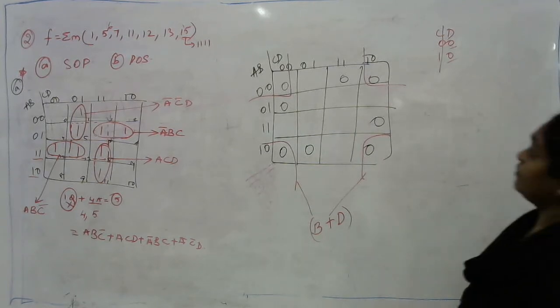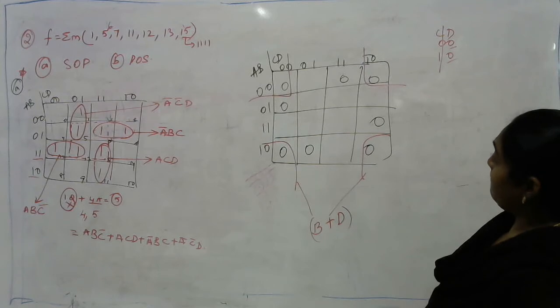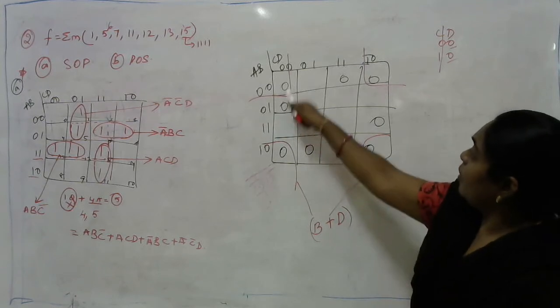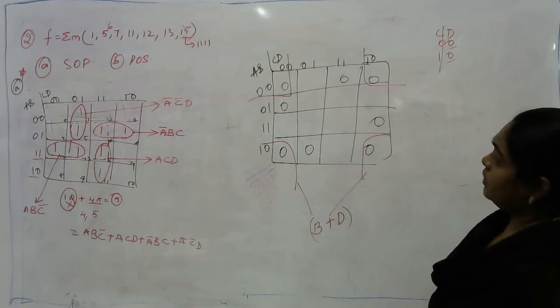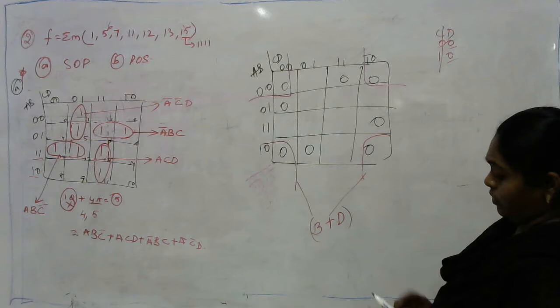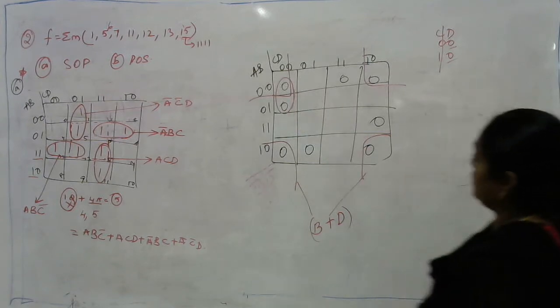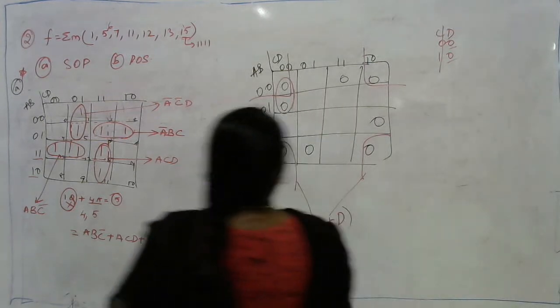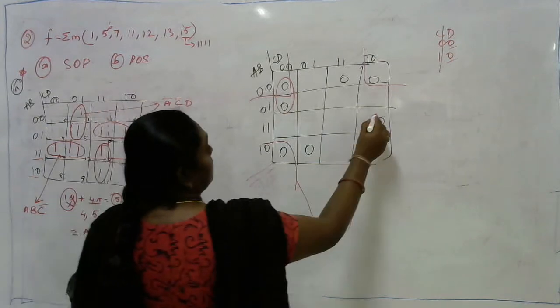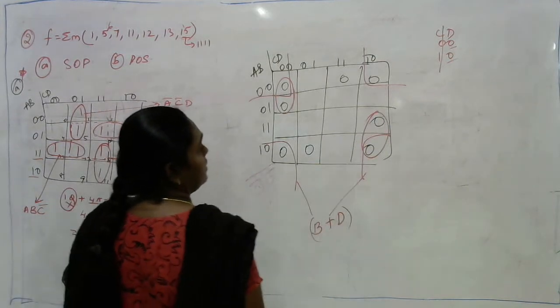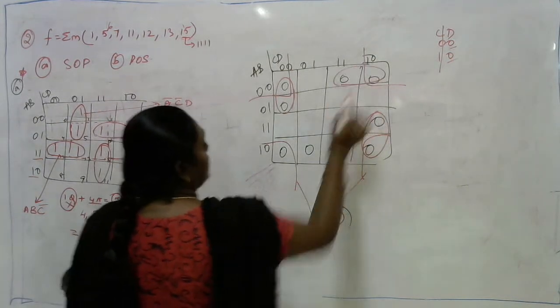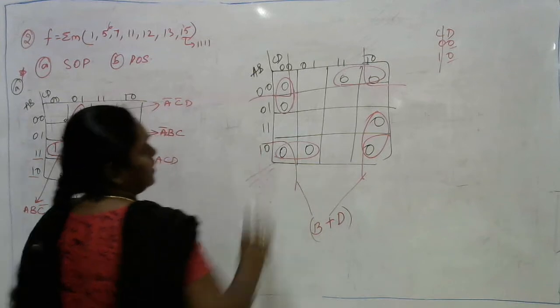Similarly, the leftover cells are here, there is the 0 adjacent to 0. So, you can make these two as one adjacency, and similarly these two as one adjacency, these two as one adjacency, these two as one adjacency.